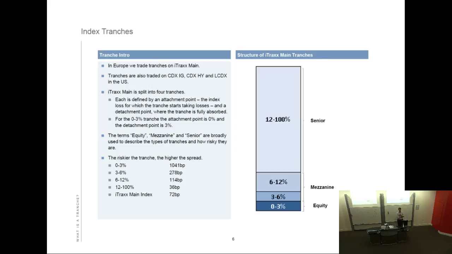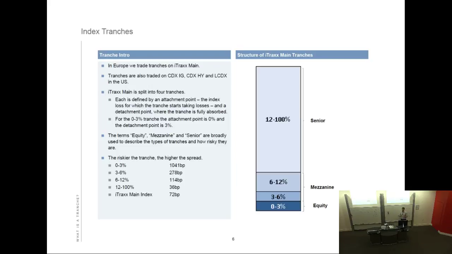And in the US, we trade them on CDX IG, CDX high yield, on the loan CDS and the loan CDS index. And not only is the portfolio standardized, in a way, what we call the attachment and the detachment points of the tranches, so from where to where you incur losses, these are also standardized.